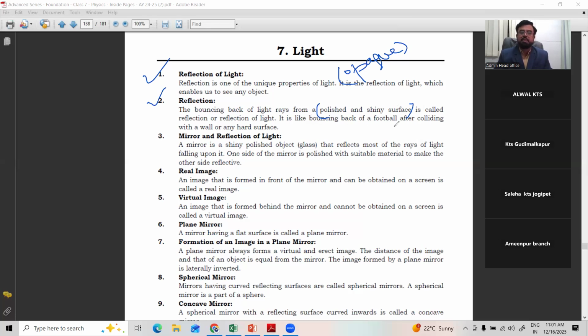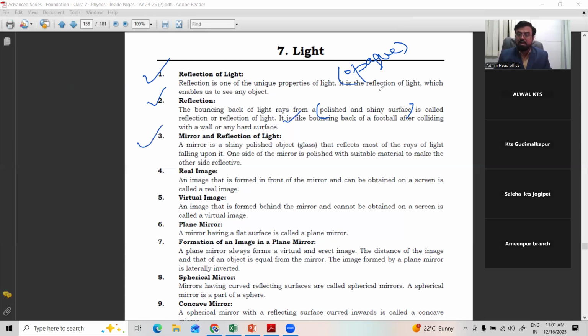It is like the bouncing back of a football after collision with a wall or any other hard surface. Similarly, when light hits a polished surface, it returns back to the original medium. Such property of light is called reflection of light.